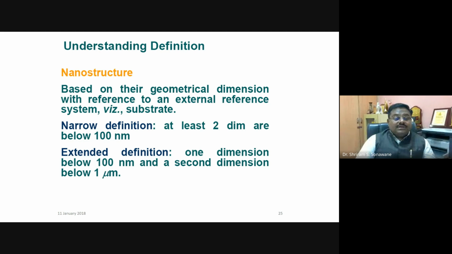Of the 3 dimensions of any material, 2 dimensions should be below 100 nanometer. Then we can call that substrate, material or system a nanostructure. The extended definition is at least 1 dimension below 100 nanometer and a second dimension below 1 micrometer can be referred to as a nanostructure.